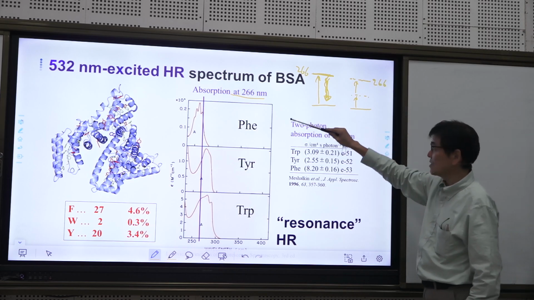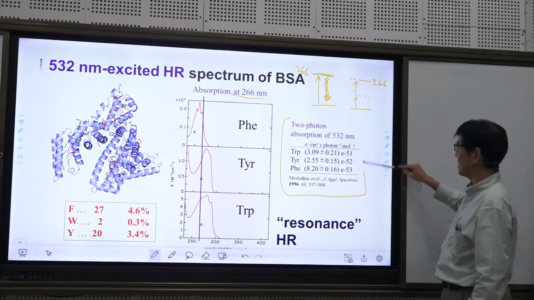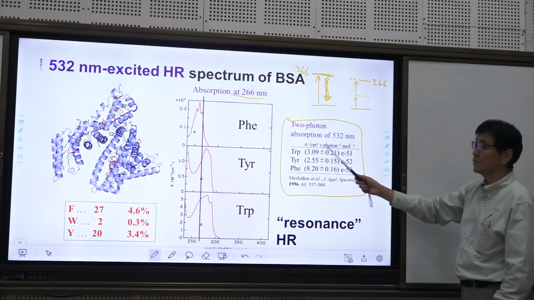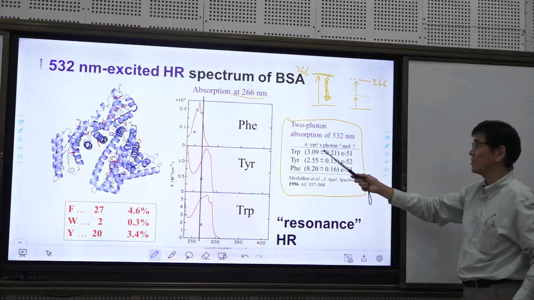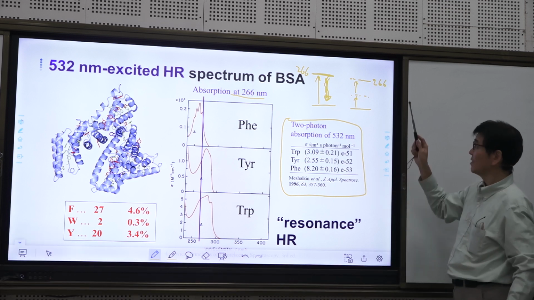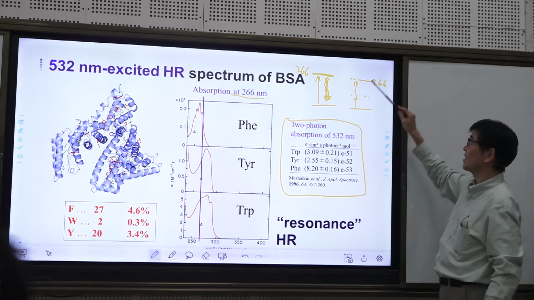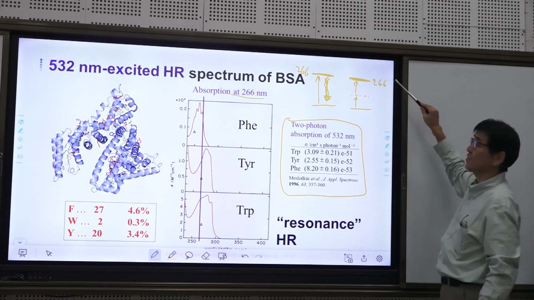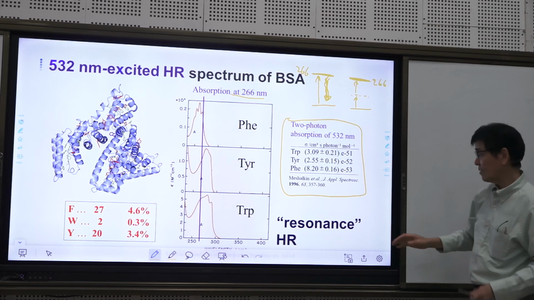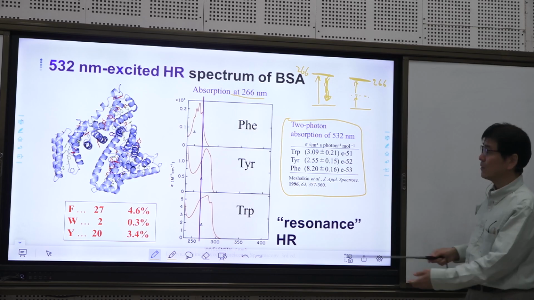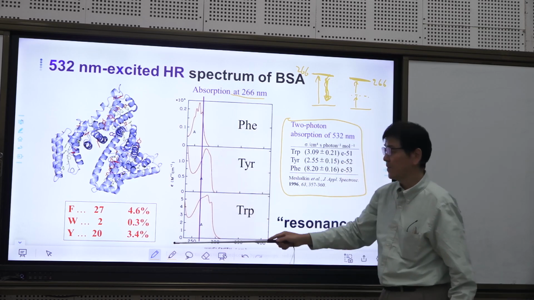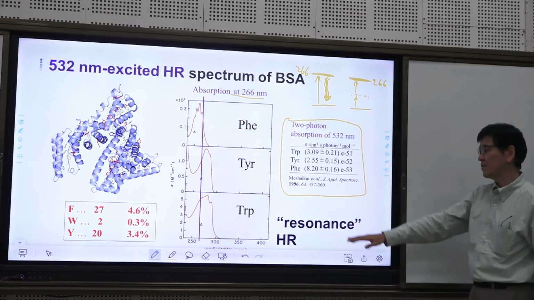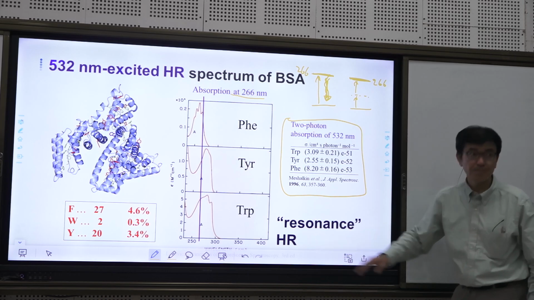There is a literature saying the 2-photon absorption cross-section is considerably large for tryptophan, tyrosine, and phenylalanine. So we can expect there is a 2-photon allowed transition near 266 nanometers. So by measuring this protein containing F, W, and Y, we could measure resonance hyper-Raman spectrum.